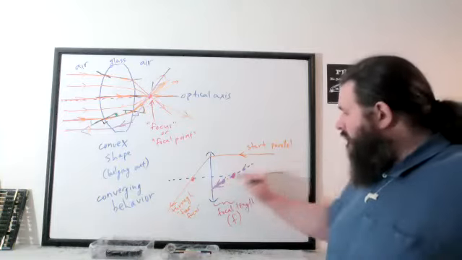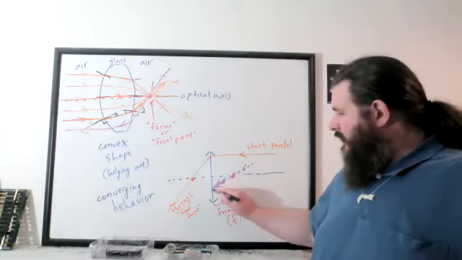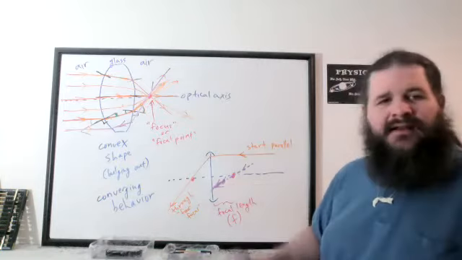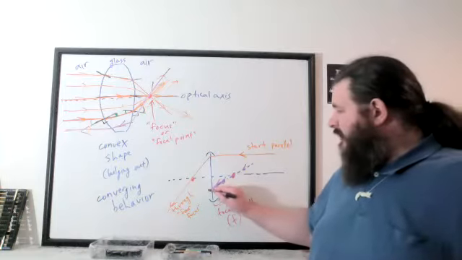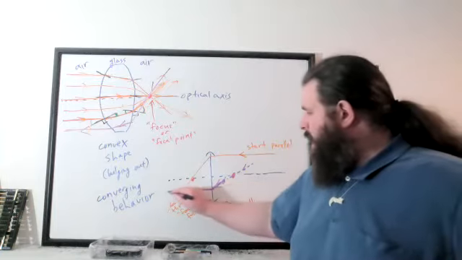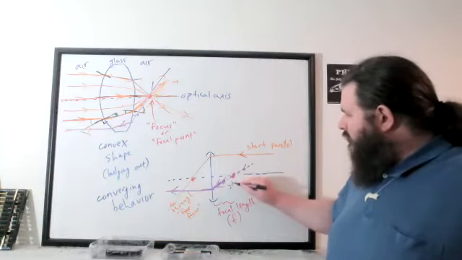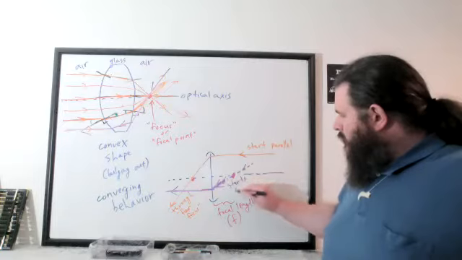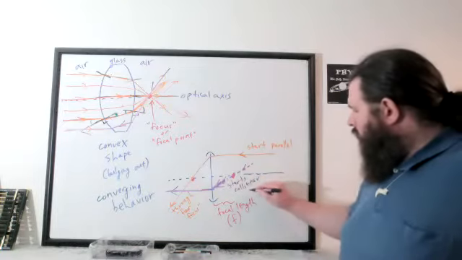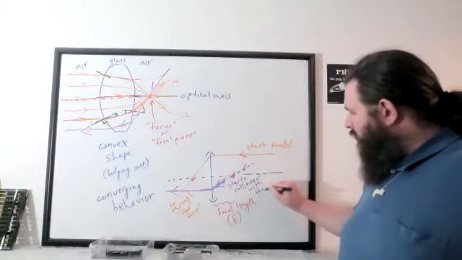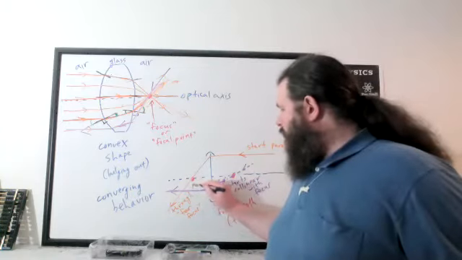But as long as it's on the same line that contains the focal point, that counts as good enough. That's a ray of light that is collinear with the focal point. That guarantees that it's going to bend to become parallel. So any ray of light that starts collinear, that is on the same line, with the focal point or focus, is going to bend to become parallel.